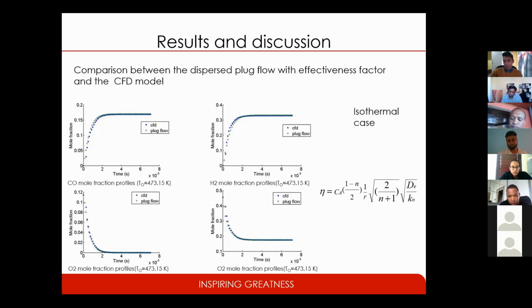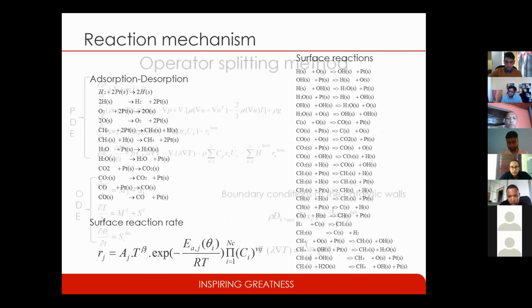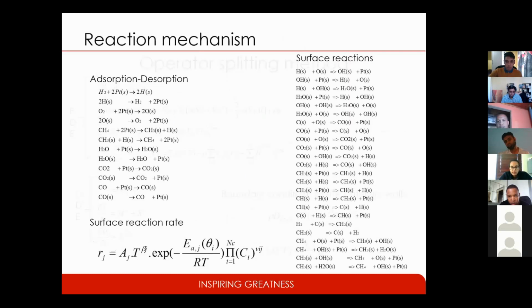Yes, it is, because if you go back to the reaction mechanism here, if you were to use a different catalyst, in this case we're using platinum, but for the same process, you just change the reaction mechanism and apply it to the surface reaction rates. So it wouldn't be much of a problem. If you asked whether it would work for a different process, that is another question.